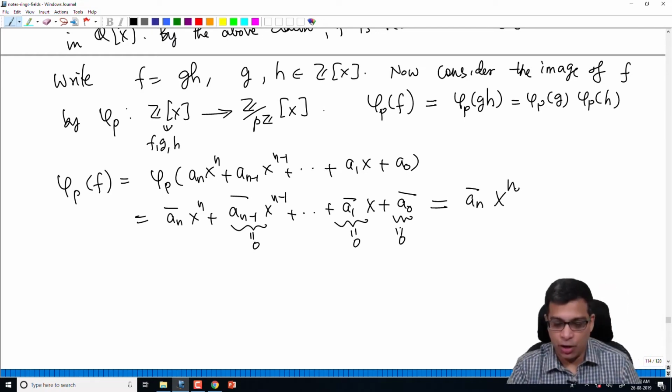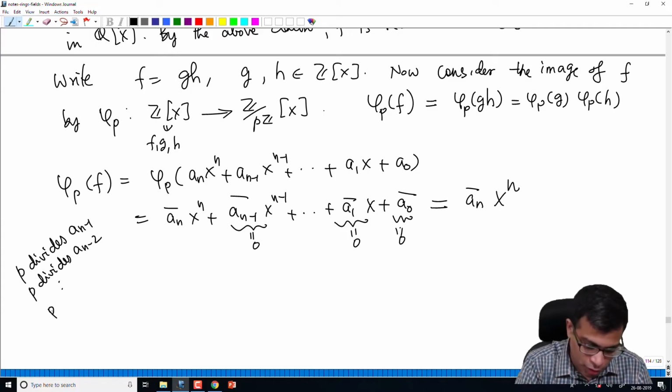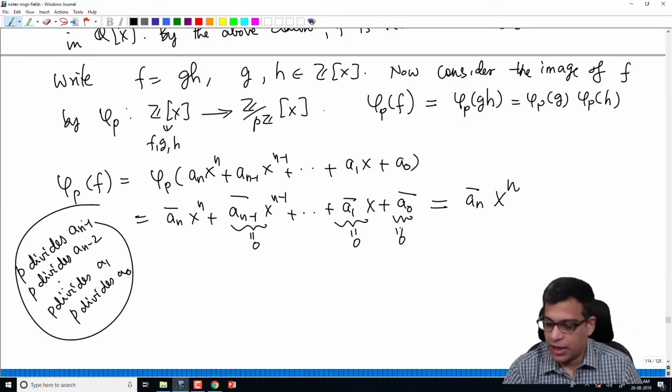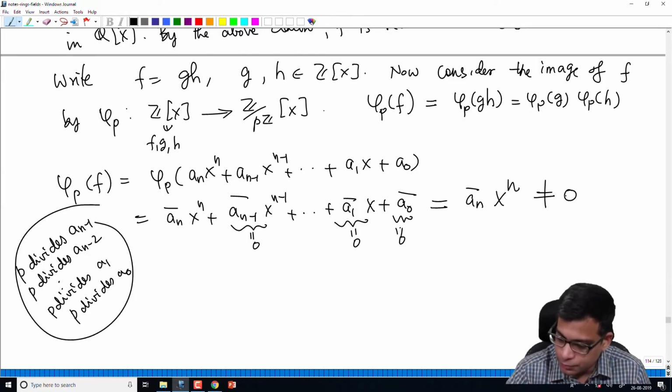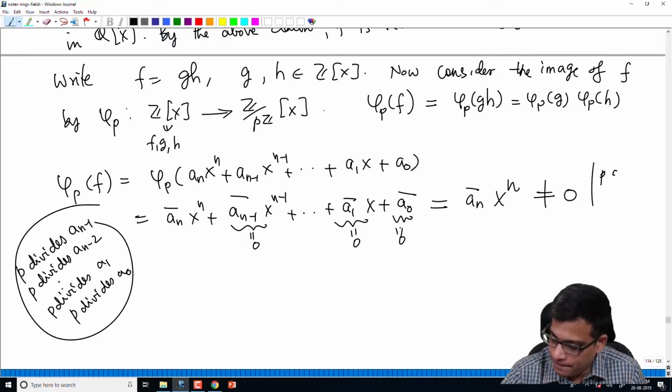Why is this? Because remember, p divides a_(n-1), p divides a_(n-2), and so on all the way up to p divides a1, p divides a0. This is the hypothesis. And also p does not divide a_n.